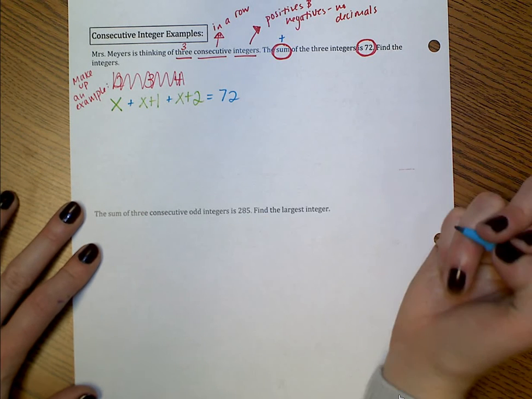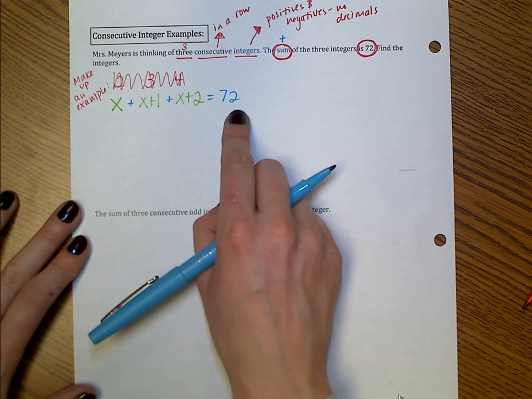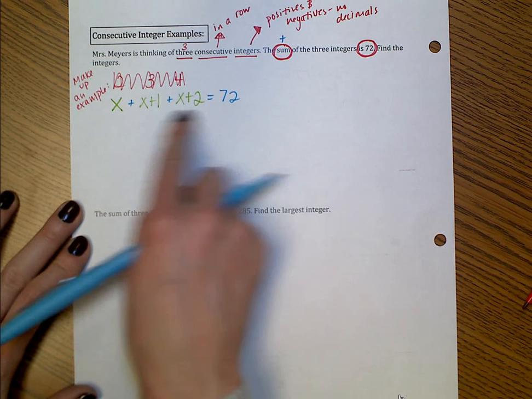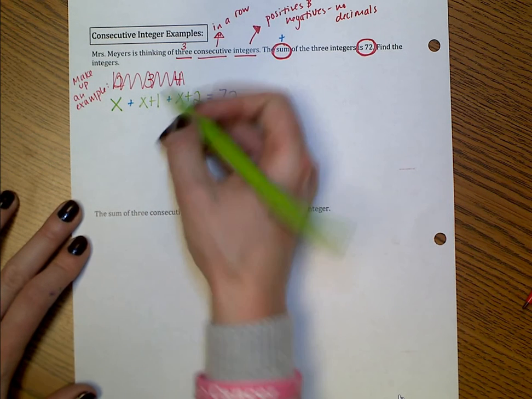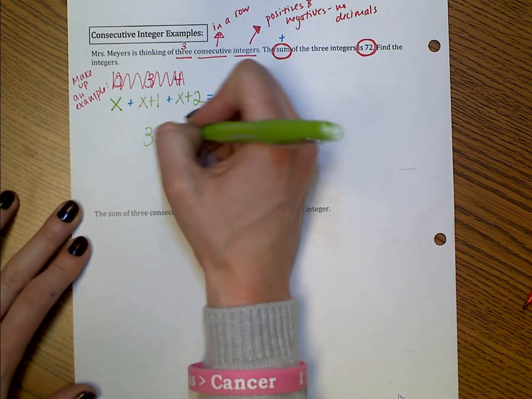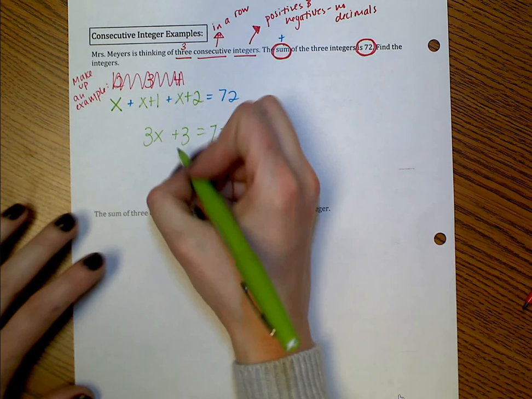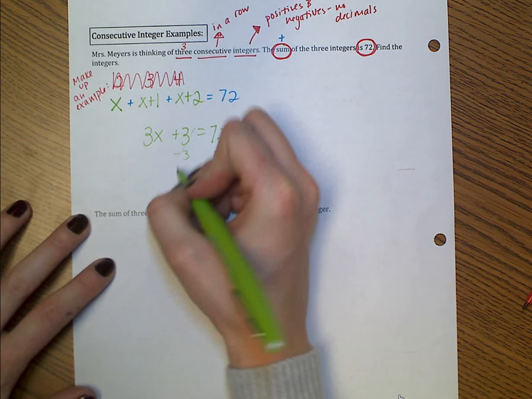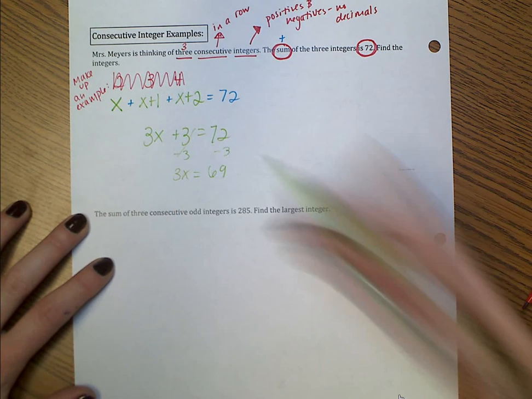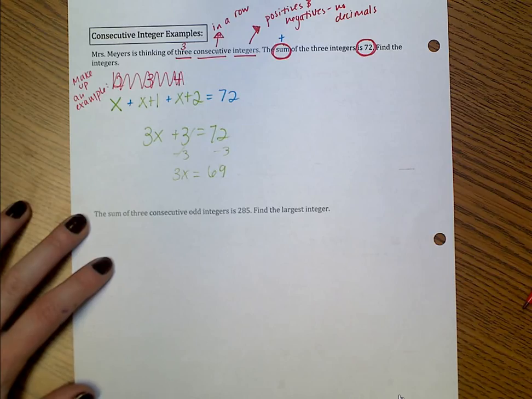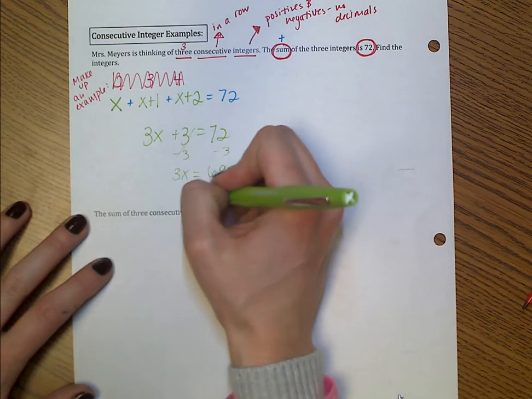If I solve this, I'm going to combine like terms. I see 3x plus 3 equals 72. And if I subtract 3, and if I divide by 3, I get my answer. So x equals 23.